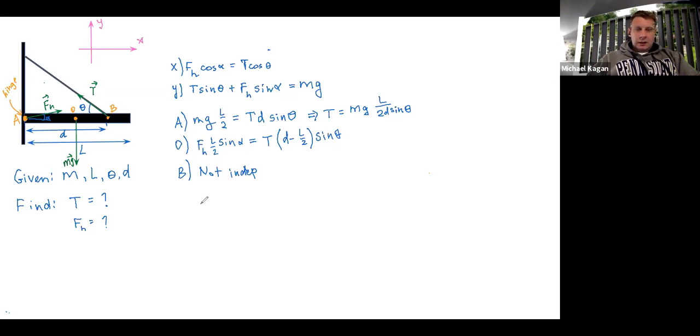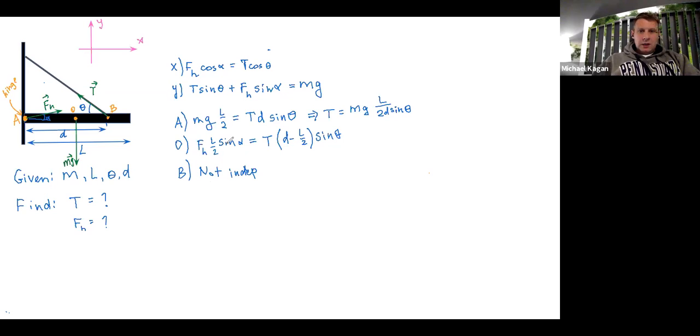So I think the easiest way to do it is to take equation O and divide by equation X. Then on the left-hand side, you have L over 2 tangent alpha.